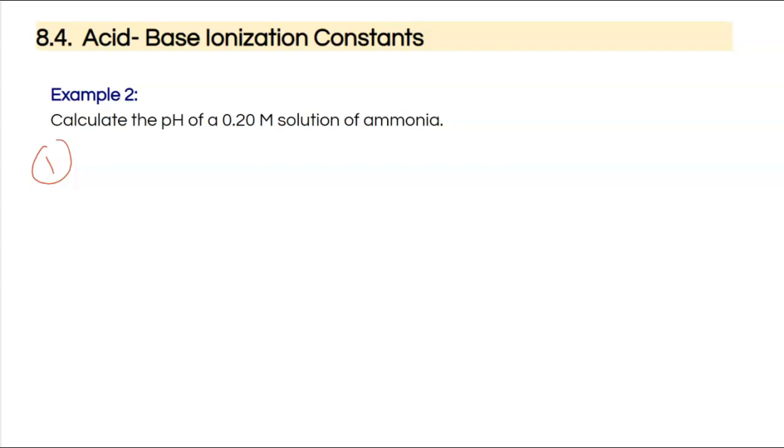And my reaction equation in this case is ammonia plus water goes to make, again, my ammonia is acting as a base, so it's going to accept a proton from water, forming NH4+, the ammonium ion, and liberating some hydroxide. And that's where my alkaline solution is going to come from.